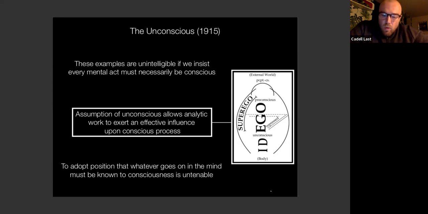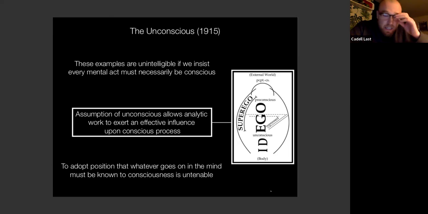The simplest way to understand how he's developing the concept of the unconscious, and this is a theme throughout his work, is that he's against the equation that consciousness is equal to the psyche.